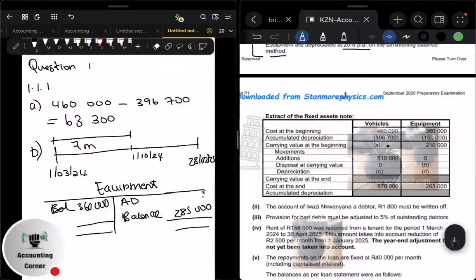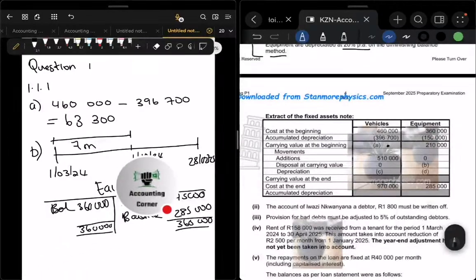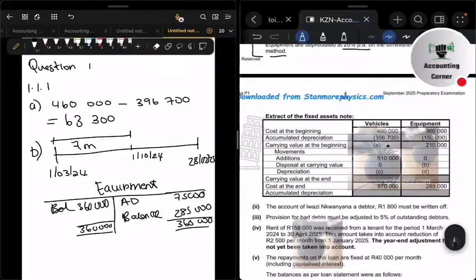So all you do is take the 285 and subtract it from the 360. So 360,000 minus 285,000 will give you an asset disposal of 75,000. So that's our cost at the beginning. Okay, let's continue.